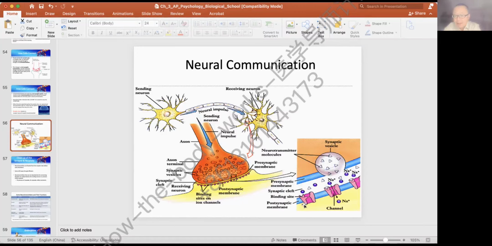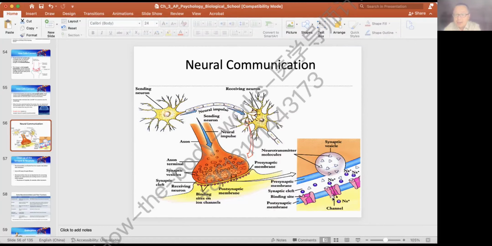On the postsynaptic membrane there are receptors, or binding sites. The receptor is actually a kind of protein.